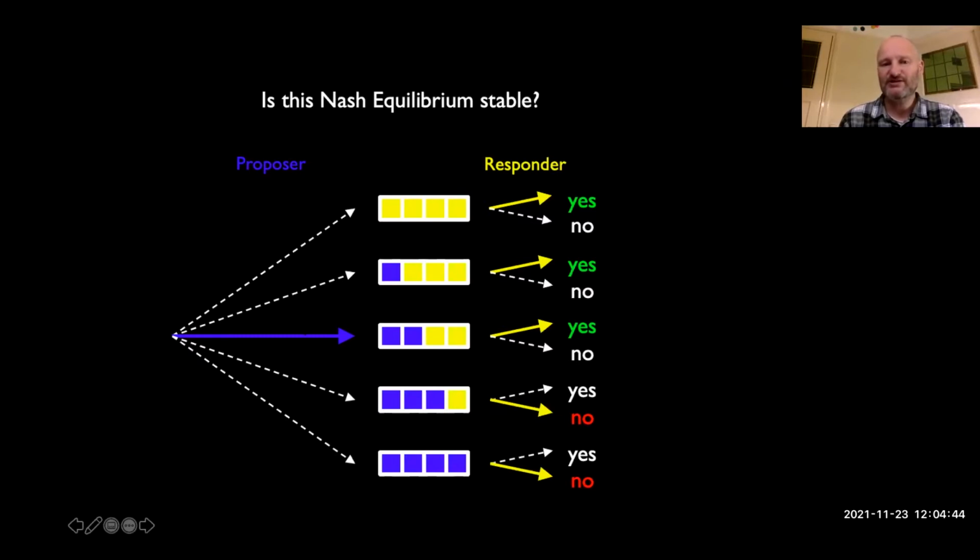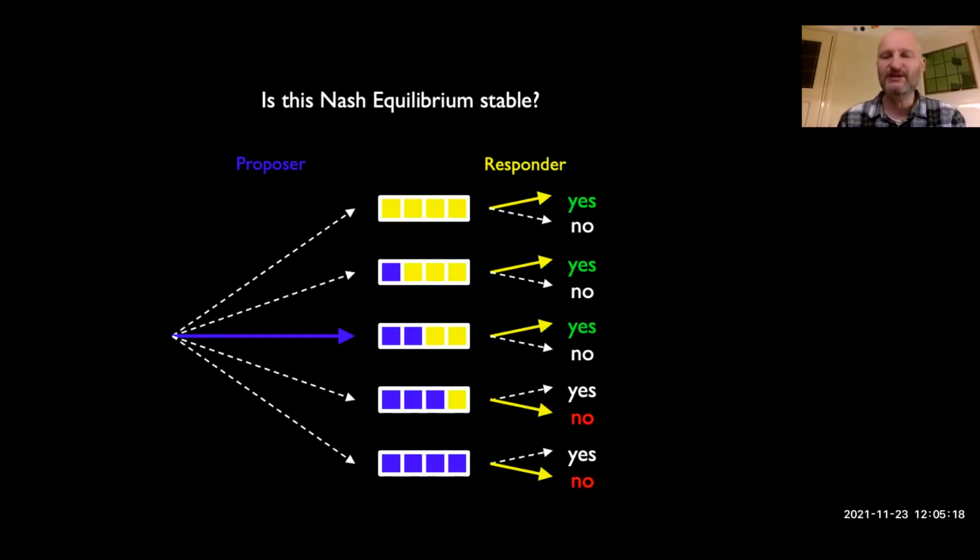So the proposer has no reason to deviate, given that this is what the responder does. And the responder also has no reason to deviate, given that this is the proposal of the proposer, because the most important thing is that she would have to accept this. If she doesn't, then she leaves money on the table, and the other proposals are not made, so yes or no is fine, either option is fine. So this is indeed a combination of strategies where neither has a reason to deviate.